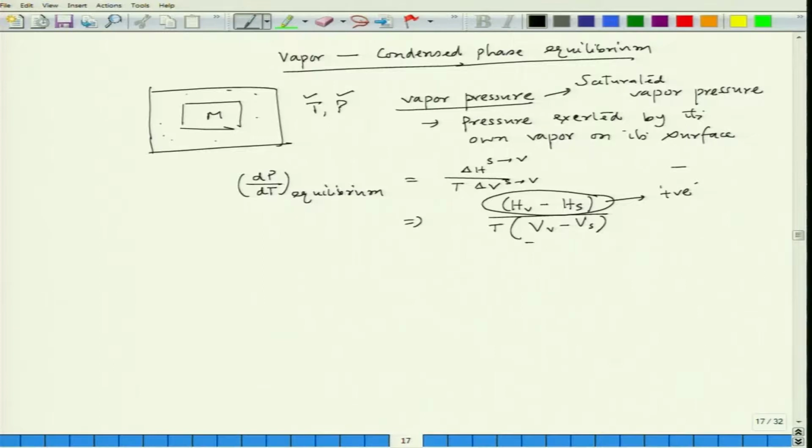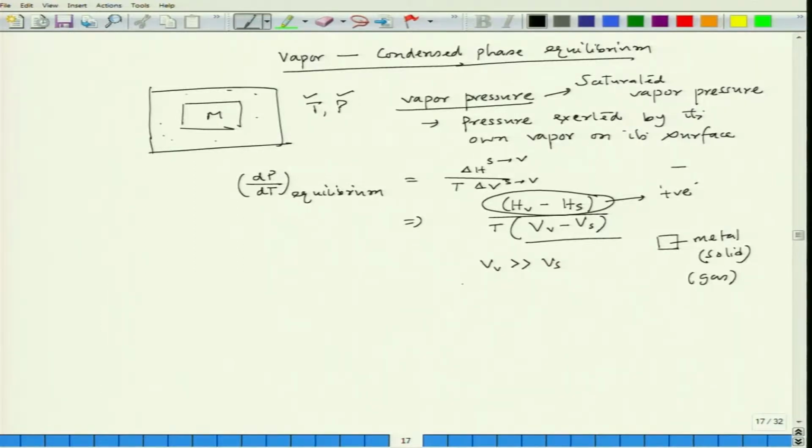Now, coming to this quantity, if we have considered metal in solid and metal in gas, the molar volume of that gaseous metal would be much higher than the molar volume of solid metal. So, can I not write it like this?